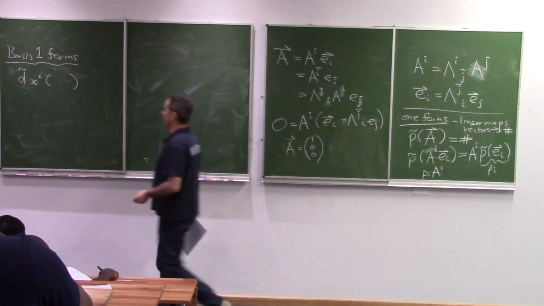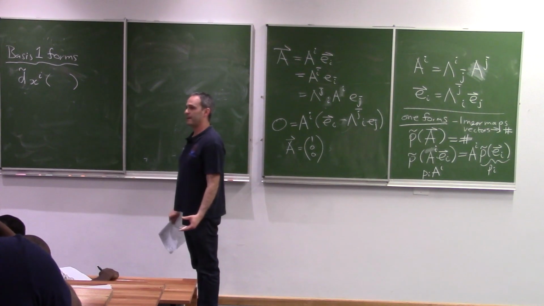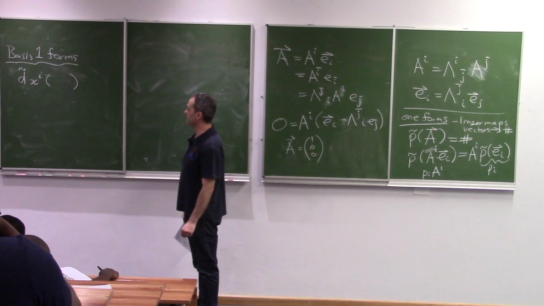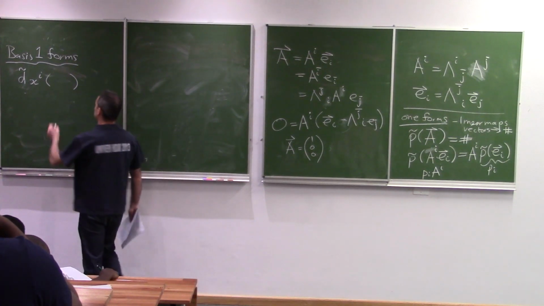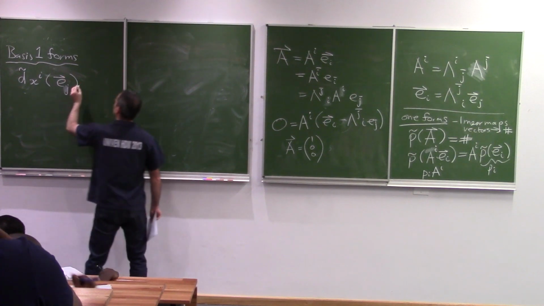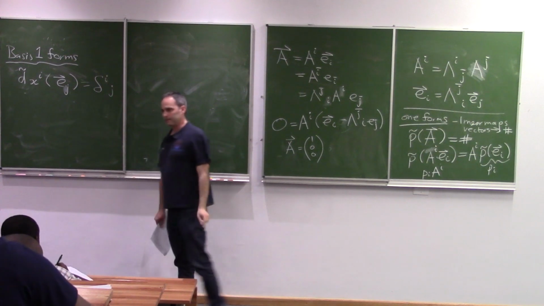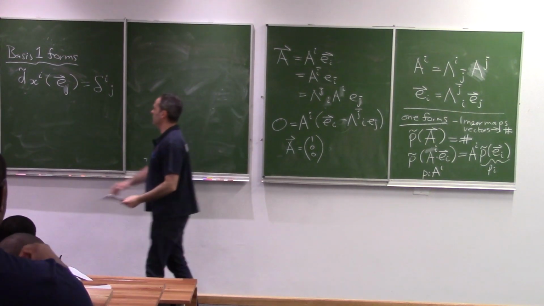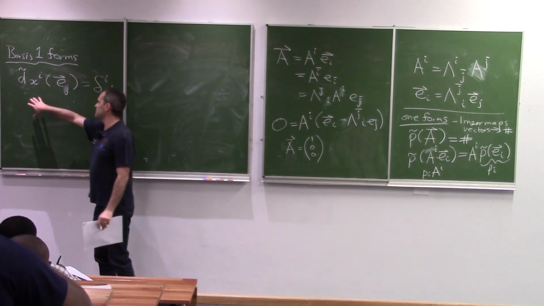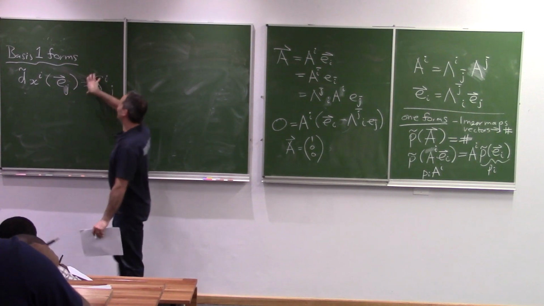And the way I define my basis one forms is that if I give them one of my basis vectors, so they're sort of orthogonal to the basis vectors, I get a Kronecker delta. So my basis one forms are defined by that formula. In the language of other people, these will be the dual basis, the canonical dual basis.